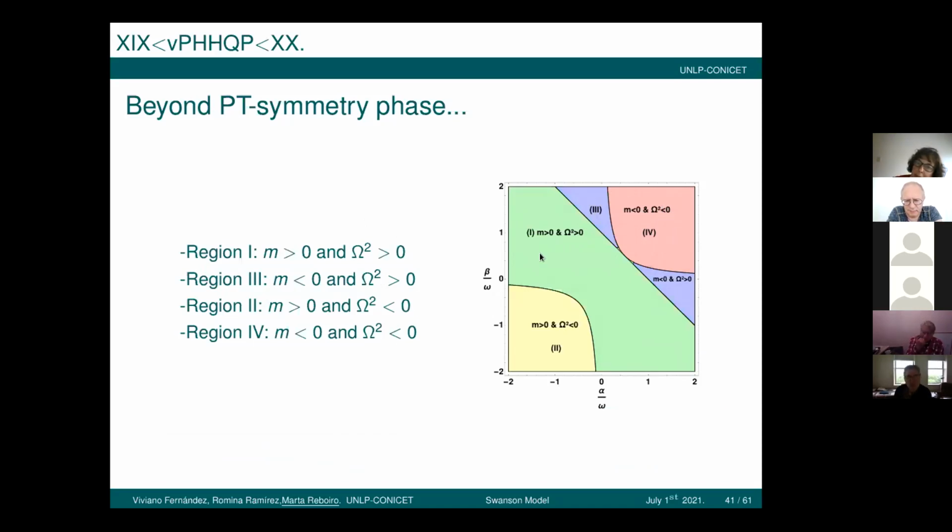Then, when we have this sketch, we think this should correspond or be similar to a parabolic barrier. While this is more strange, a parabolic barrier with negative mass. And in this region, we should have a harmonic oscillator with effective negative mass.